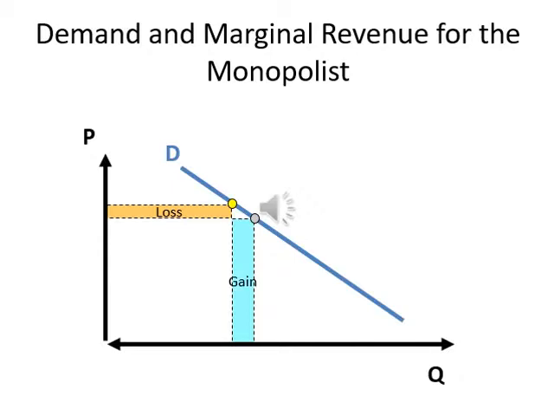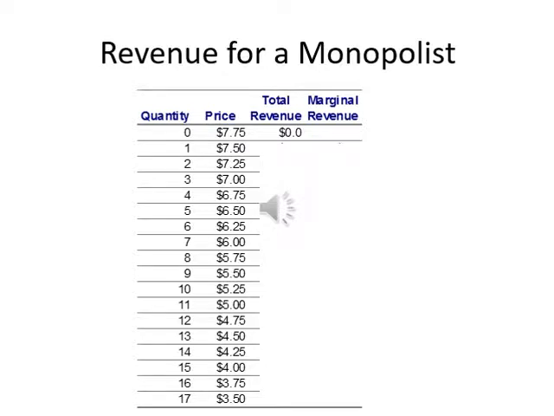Demand and marginal revenue for the monopolist. Net gain or loss is determined by the relative gain and loss. Practice question on revenue for a monopolist.